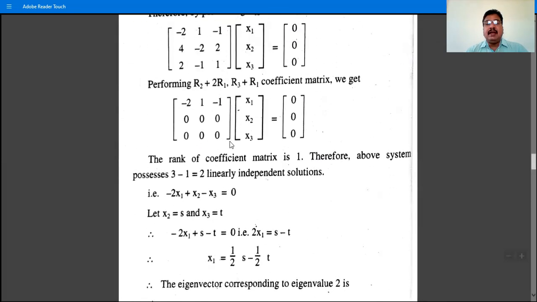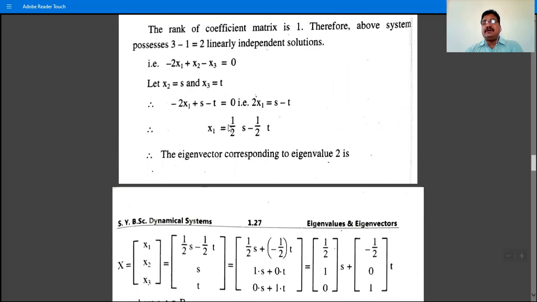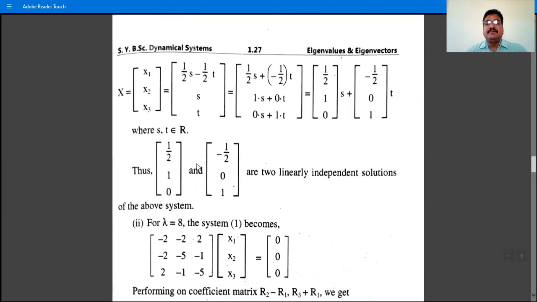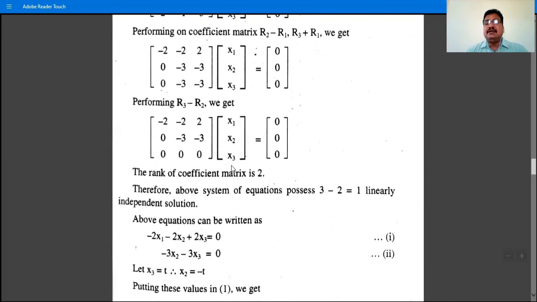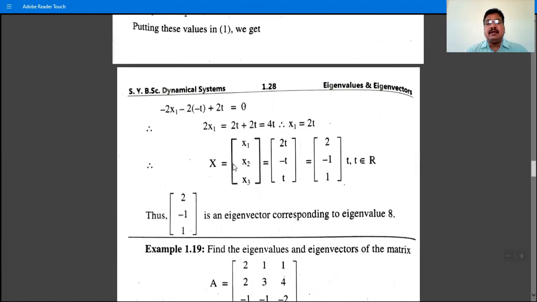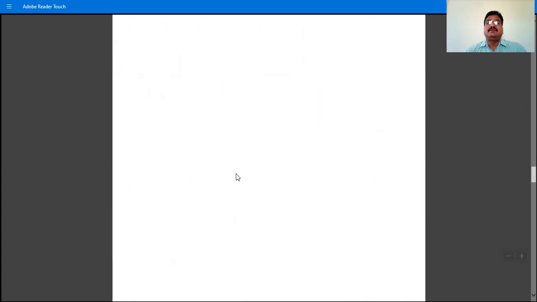Because after rewriting the equation, we have only one equation and 3 unknowns, so we assign 2 unknowns. Here x2 and x3 are assigned, and that's why we have 2 linearly independent eigenvectors. So remember that corresponding to a single eigenvalue, we have one linearly independent eigenvector, or 2 or 3 linearly independent eigenvectors.